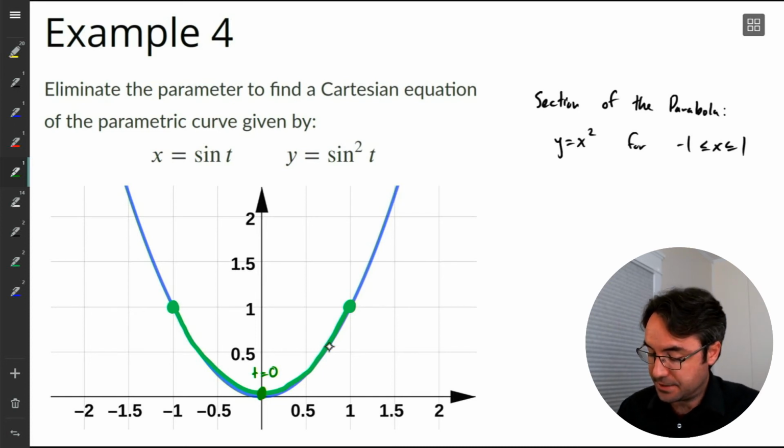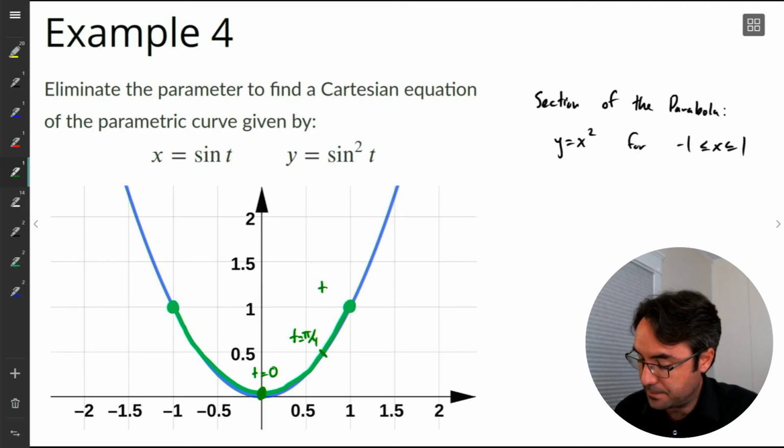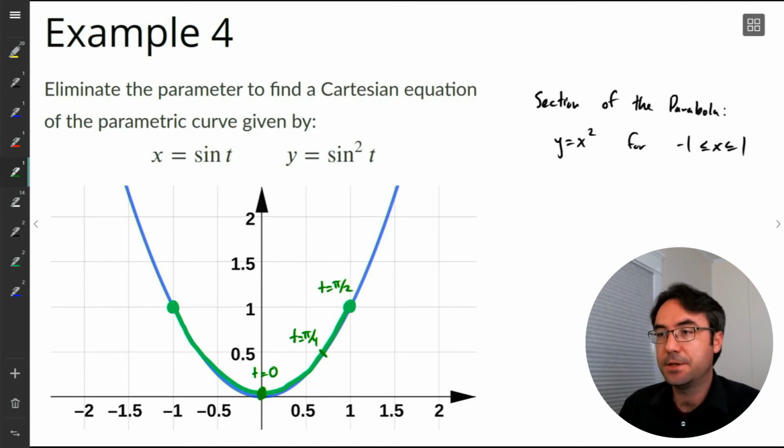Then at t equals pi/4, we'd be here. And then at t equals pi/2, we'd be up here. So starting with t equals 0 and working our way up, we'd be going in this direction. So if we think of a particle that's moving, at t equals 0 it's starting at the origin, and then it works its way up here.